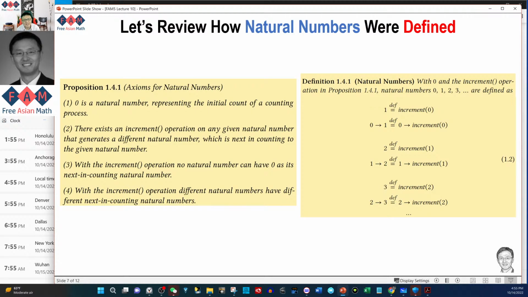Okay, so this is actually the most critical part of the so-called Peano axiom system, because this very increment operation gives us what? It gives us 1. Before we run it, we only have one natural number, that is 0. But with 0 and this increment, we will immediately get 1.